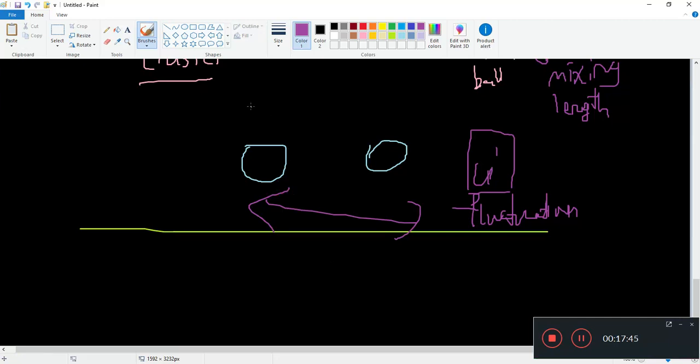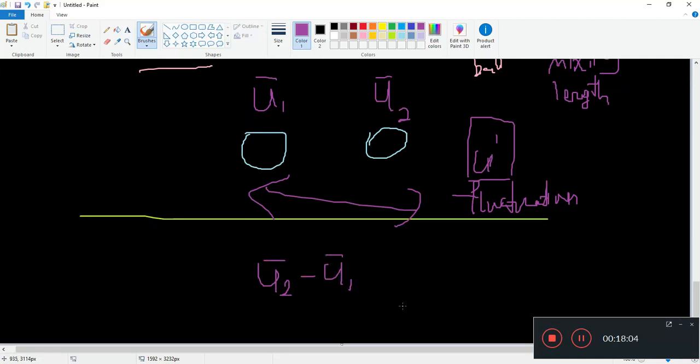Well, if you have a velocity 1 here and a velocity 2 here, the size of this fluctuation of the mean velocity is u2 bar minus u1 bar. So this is the size of the fluctuation.